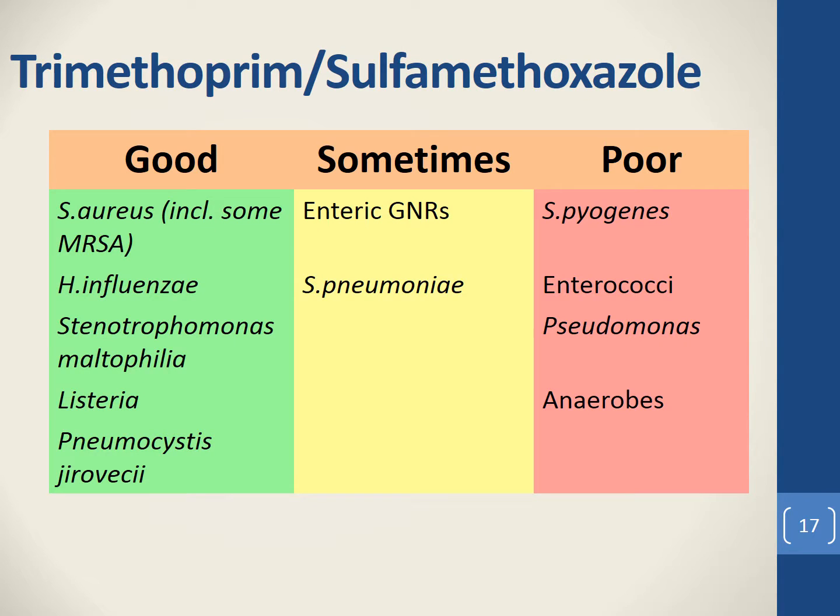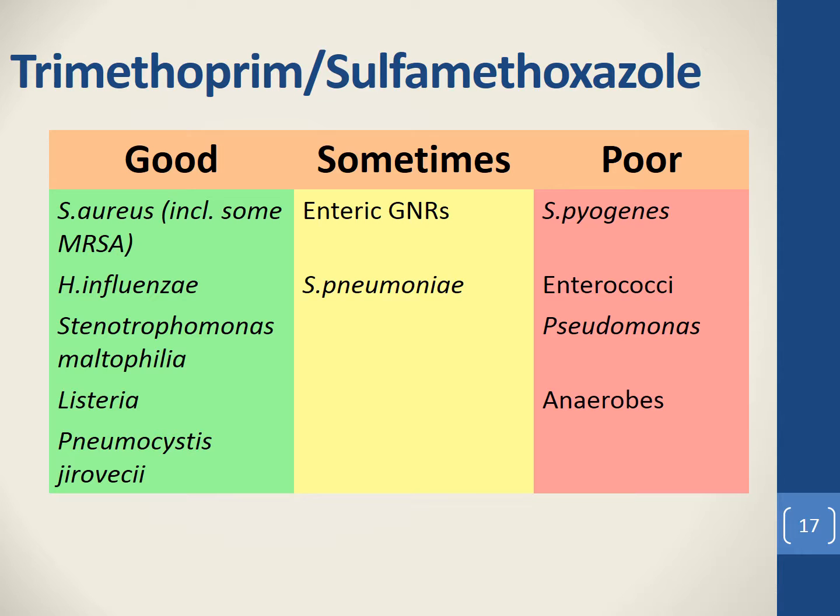In terms of spectrum, you'll note that it does have good coverage against Staph aureus, including some MRSA isolates, most notably, again, those community-associated MRSA isolates. And you'll see a host of other bugs here that we consider it for.